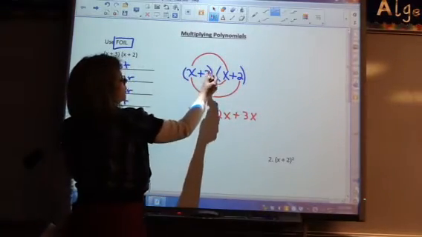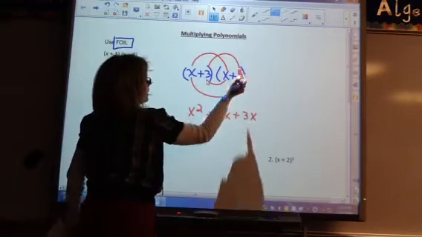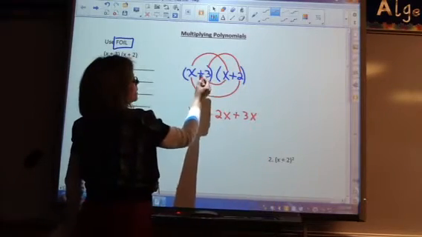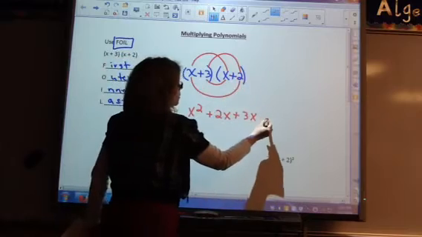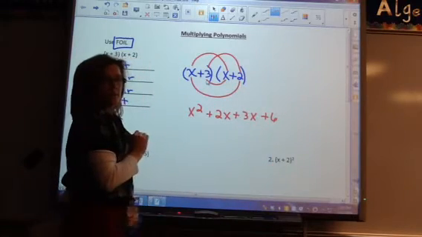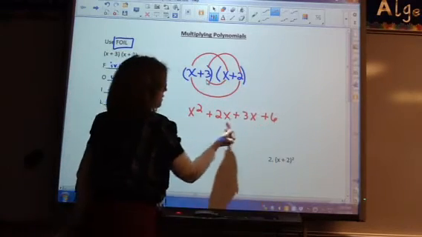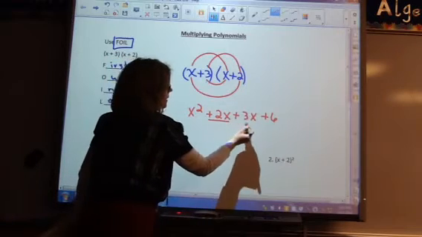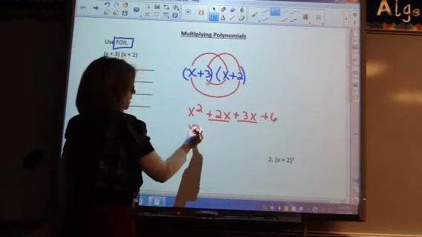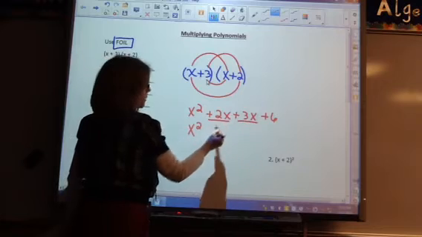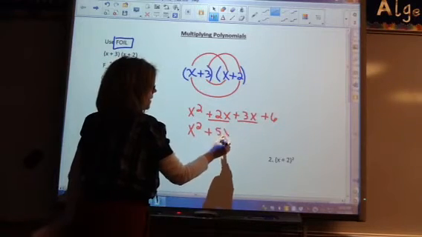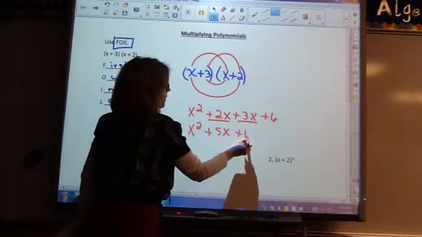And last would be the 3 times the 2, that's a positive 3 times a positive 2 gives you a positive 6. And then we need to simplify this polynomial, combine like terms. So I bring down my x squared, 2x plus 3x is 5x, and bring down my positive 6.